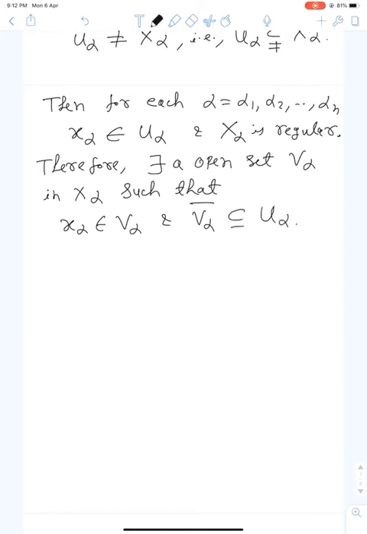Right? That was the if and only if criterion for a regular topological space. Fine.